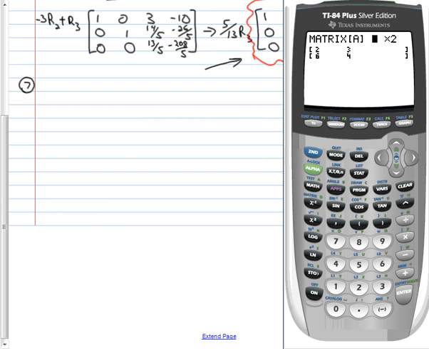It's a 3 by 4. It's an augmented matrix. Everybody should try this to make sure they are properly operating their calculator. Make sure they don't try to get tricky and switch the order of any of these things.